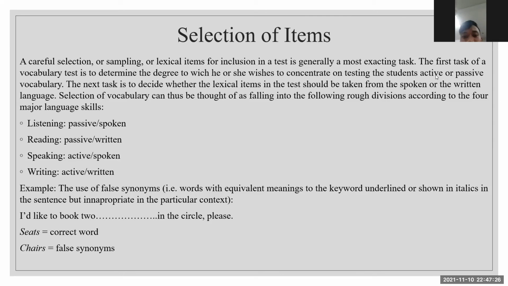For example, words with equivalent meanings to the keyword underlined or shown in italics in the sentence but inappropriate in the particular context. For example, I'd like to book two seats in the circle, please. Seats is the correct word and chairs is a false synonym.